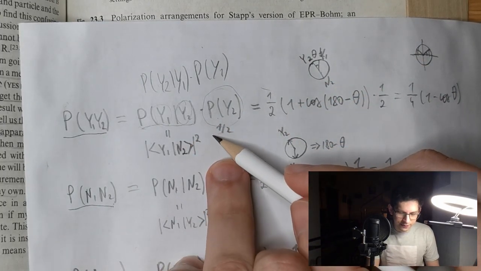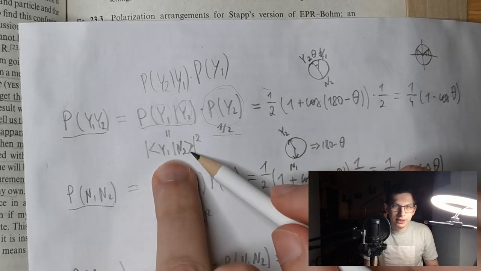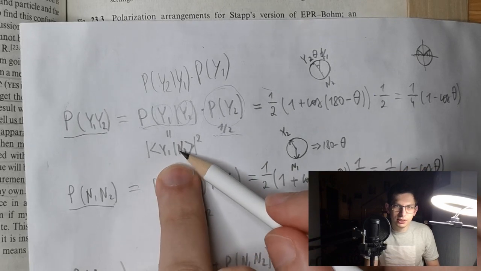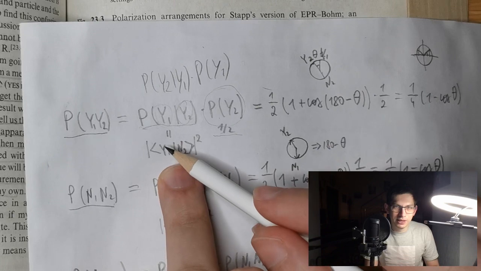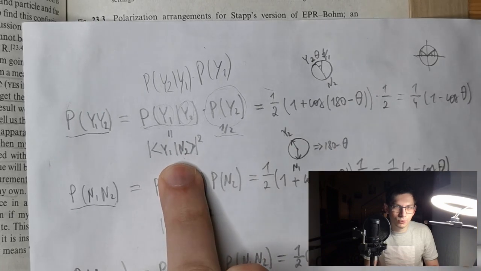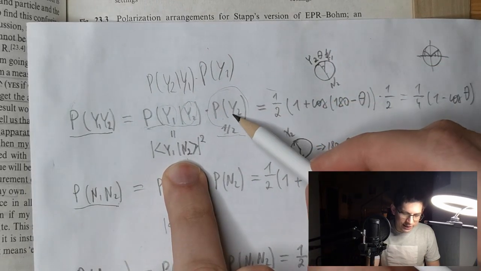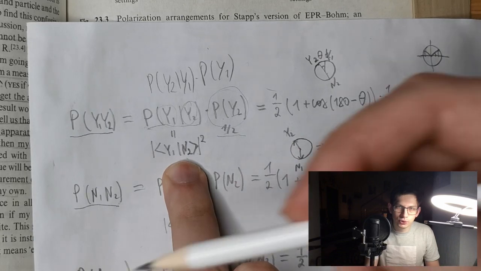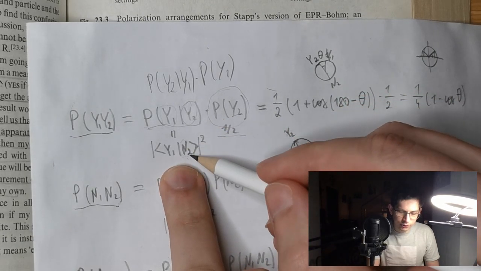And in this case, what will we have? We will have that this probability here is 1/2, and this probability is actually equal to the N2 state multiplied by the Y1 state. Because if on the second detector we got yes, then we know that the particle which goes to the first detector is guaranteed to be in the N2 state.